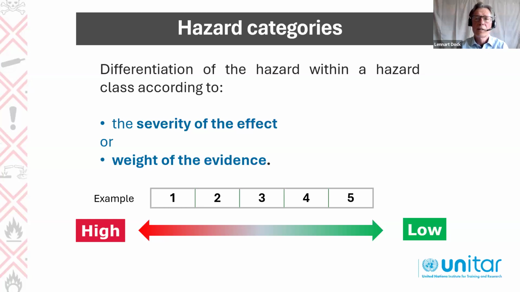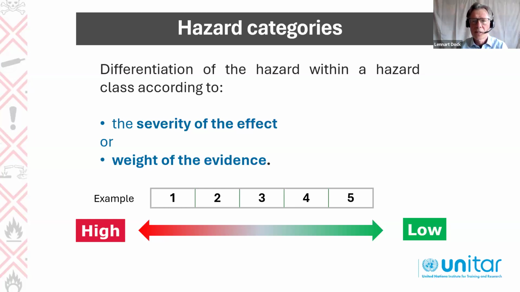The general differentiation is from high to low. For example, you use figures like 1 for the most hazardous effect, and go down to 2, 3, 4, 5. This is different in different hazard classes, but the general idea is that if it's category 1, this is the most serious effect.